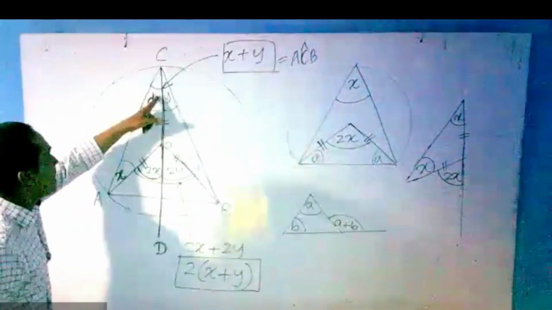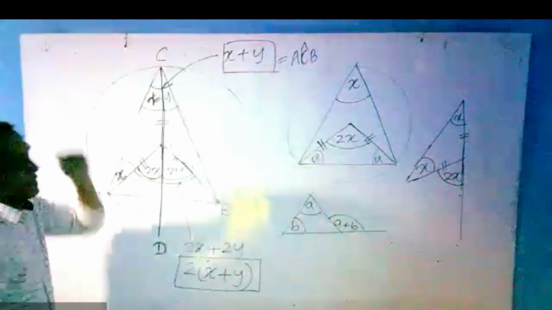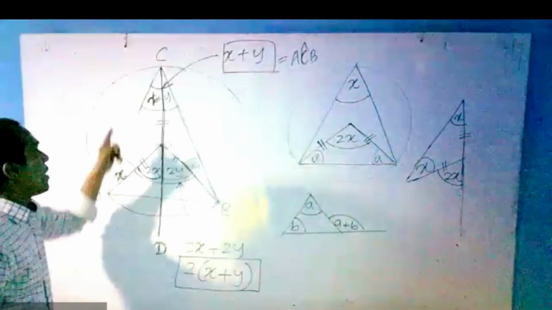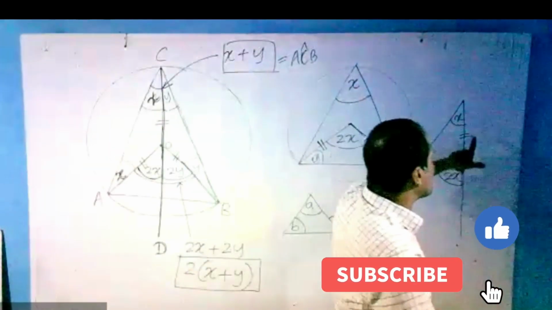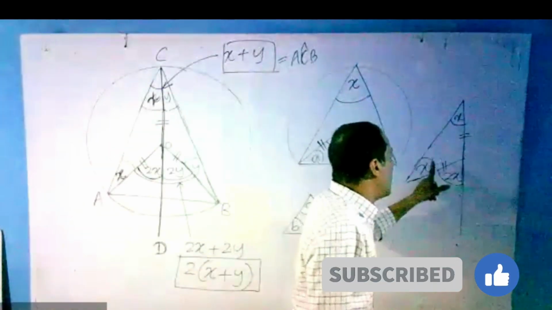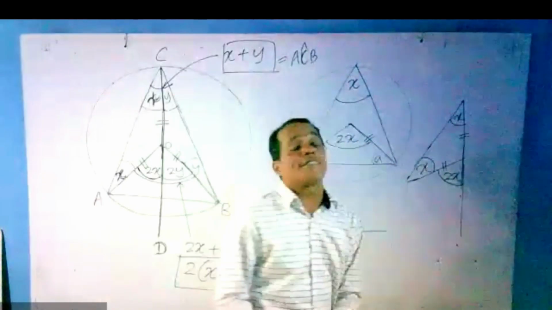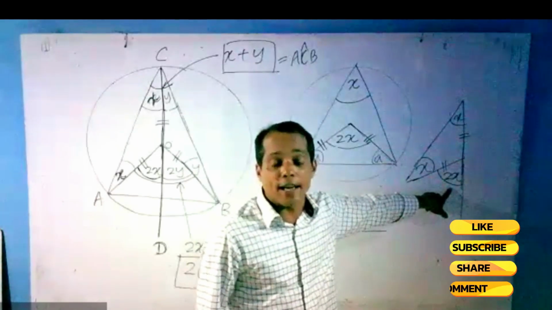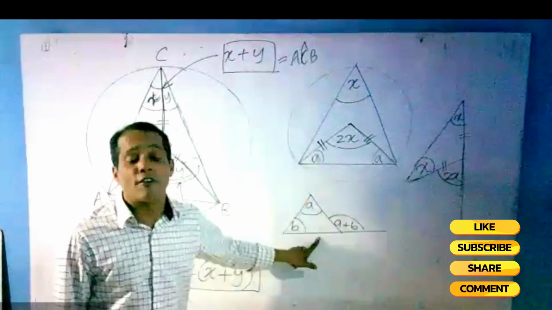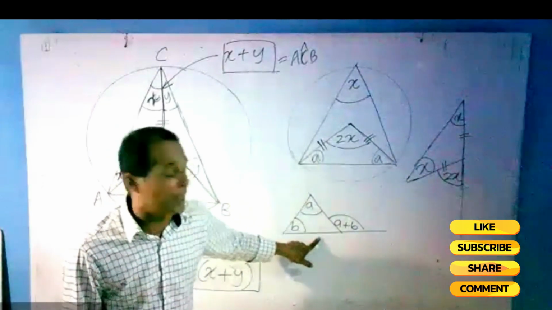I will take both of these as x, right? Then here x and here x, it becomes 2x. Then you can see how that relationship becomes. If both these angles have magnitude x, then the exterior angle becomes 2x. What is that relationship in the triangle? It is one of the basic theorems in the triangle.